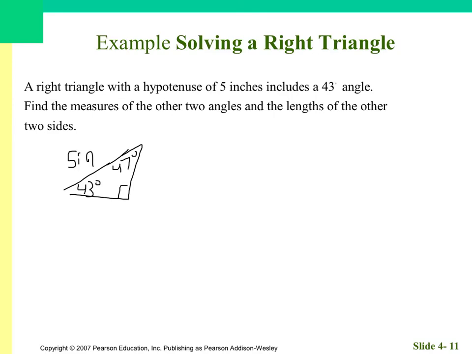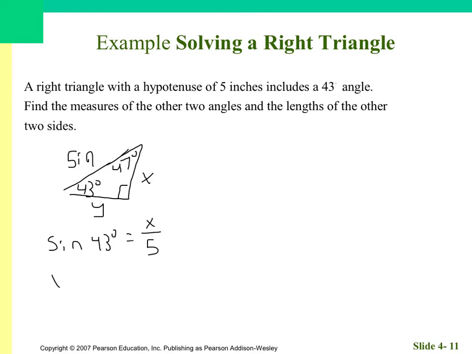Find the measure of the other two angles. Well, it said right triangle, so one's 90, one's 47, and the lengths of the other sides. Well, if I use 43 here and call that x, call that y, I would say the sine of 43 degrees is equal to x over 5.